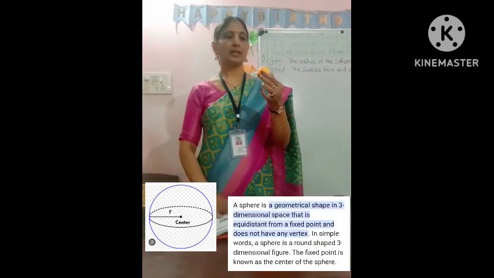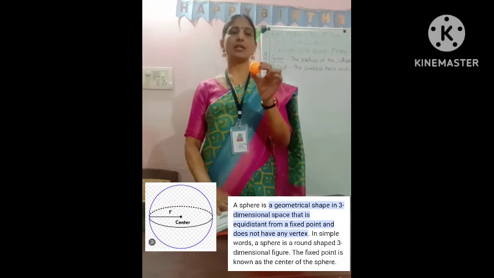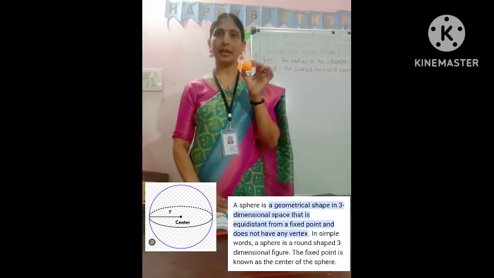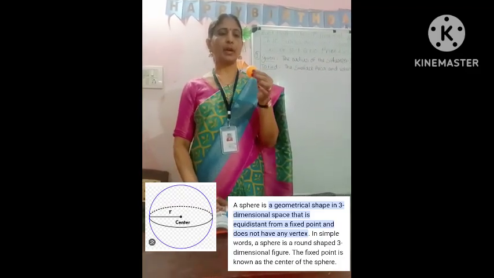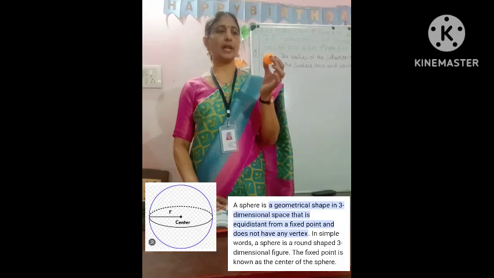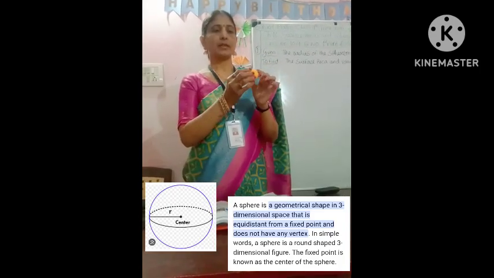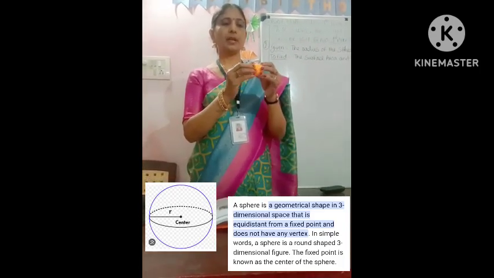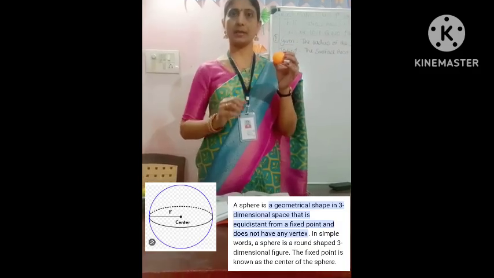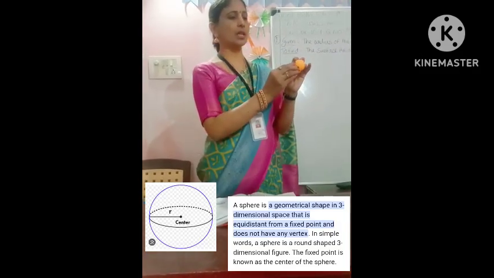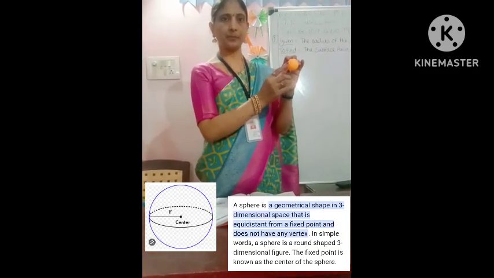A sphere is a geometrical figure, a 3D figure. It is made up of a set of points equally distant from a fixed point in space. The fixed point is known as the center of the sphere.